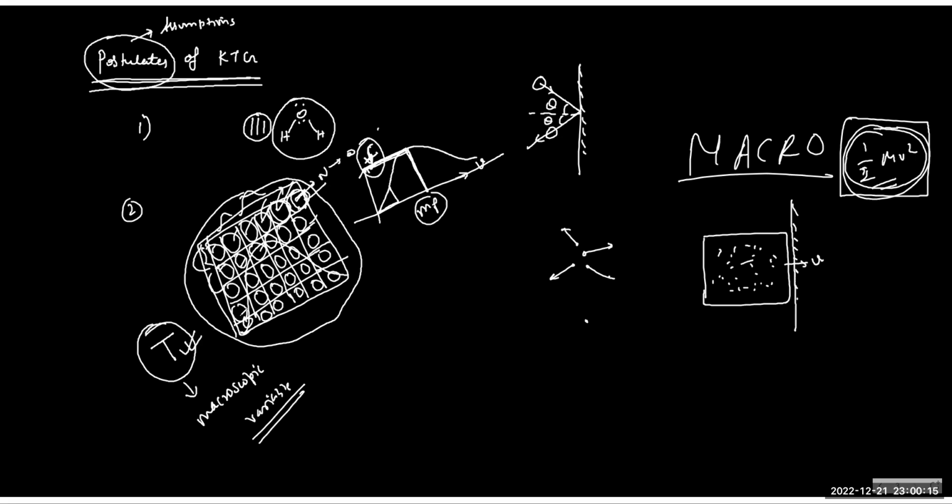So what is the role of temperature? Tell me, guys. What is the role of temperature? Sir, I don't exactly understand. See, the kinetic energy of every cluster is the same, right? But the kinetic energy of every molecule is not the same.